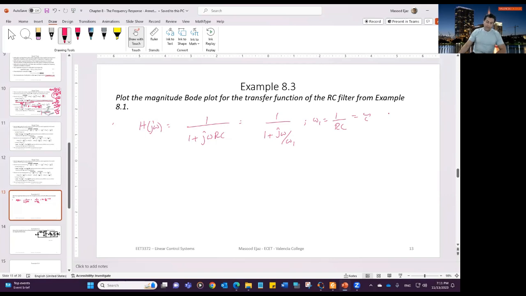So what will be the Bode plot of this? Your magnitude of H of j omega is, as we discussed earlier, 1 over the square root of 1 plus omega over omega 1 square.